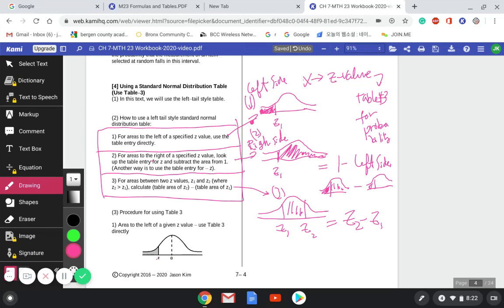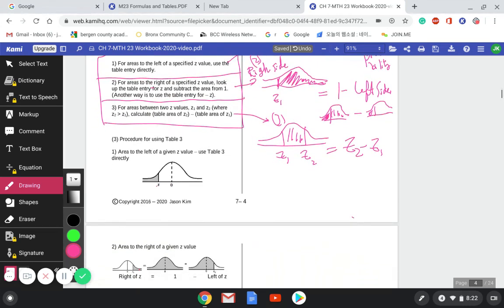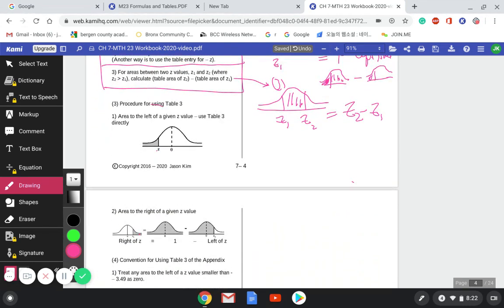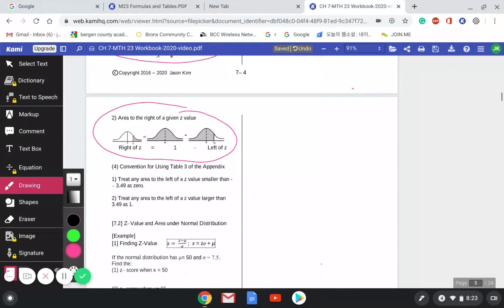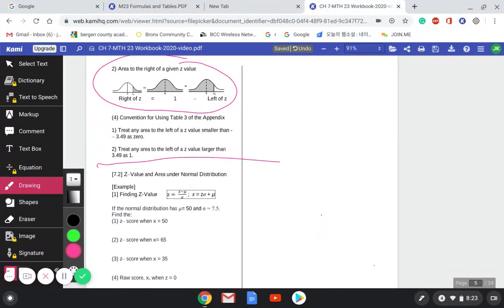Once you find the z value, you can find the probability from table number 3 and calculate the final values. These are the 2 pictures there, the left side and the right side. Now let's practice first converting the x value into z values.